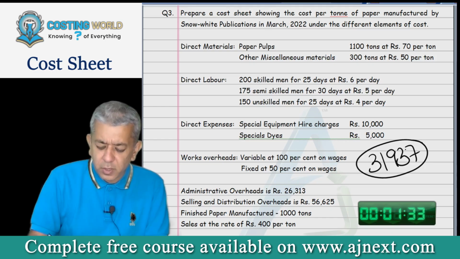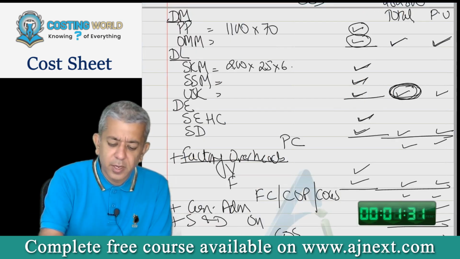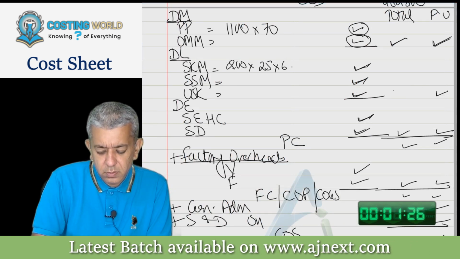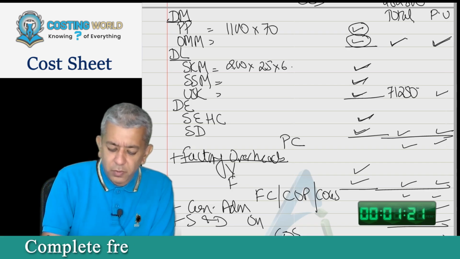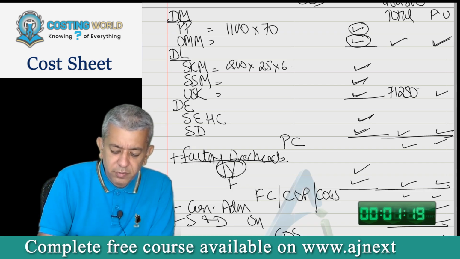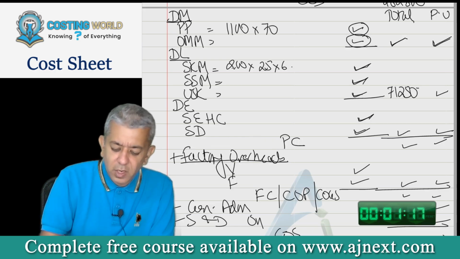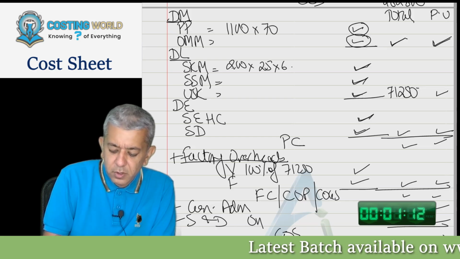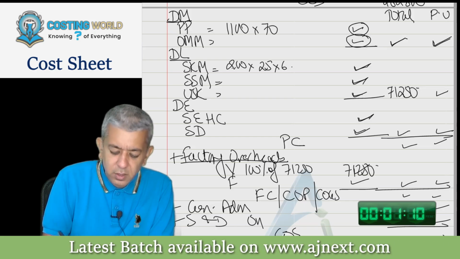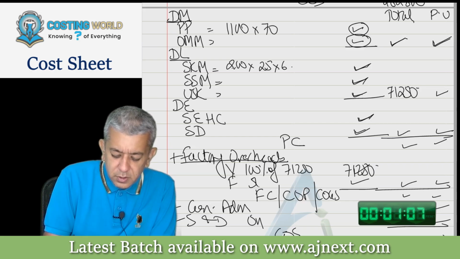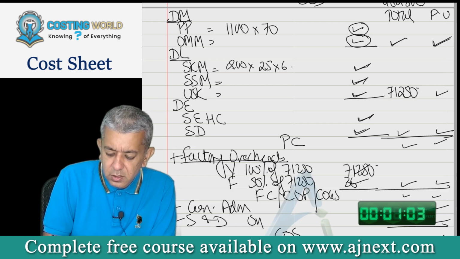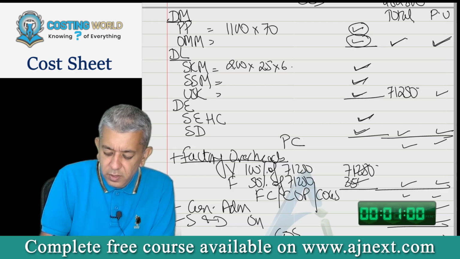Direct labor amount is how much? Can you tell me the direct labor amount, please? 71,250. So your variable factory overheads is 100% of 71,250. So 71,250. Fixed part is 50% of 71,250. 35,625.